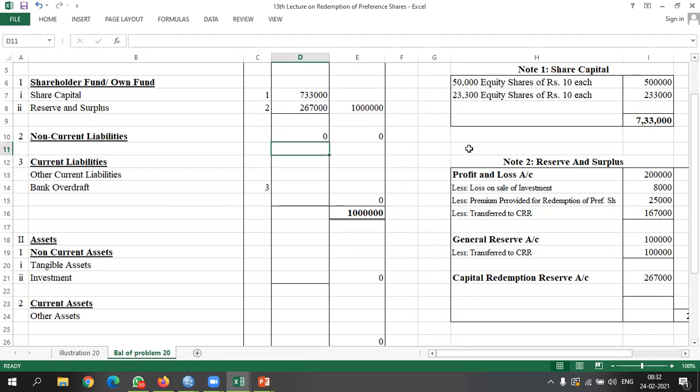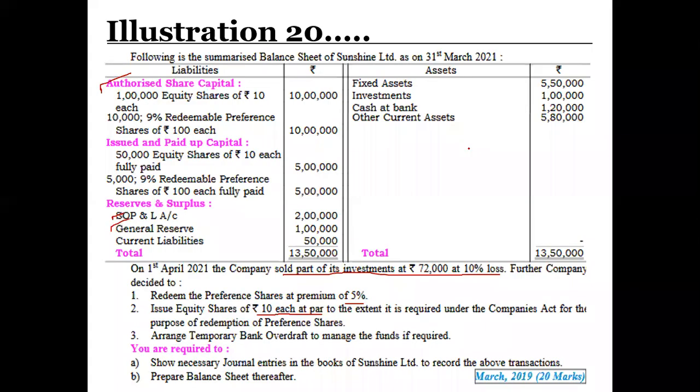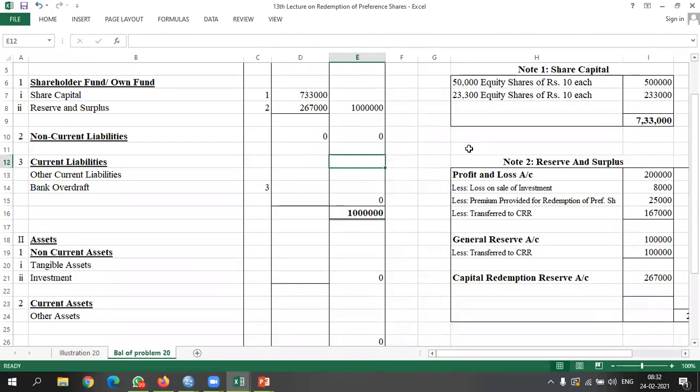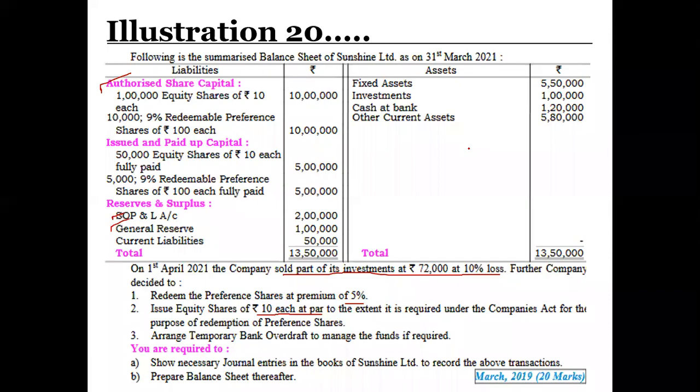Now, as far as non-current liability is concerned, we don't have anything. We only have a current liability. So current liability, we have a sum of rupees 50,000. Now coming to the asset side. Fixed asset, we have 5,50,000.